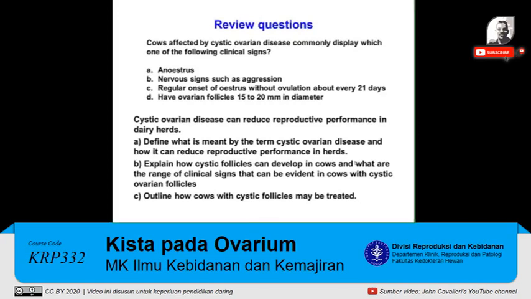In more chronic cases, you may treat them with a combination of treatments, such as initially inducing ovulation with GnRH or HCG, then treating them with progesterone via a CIDR or a Cue-Mate for 7 or more days.